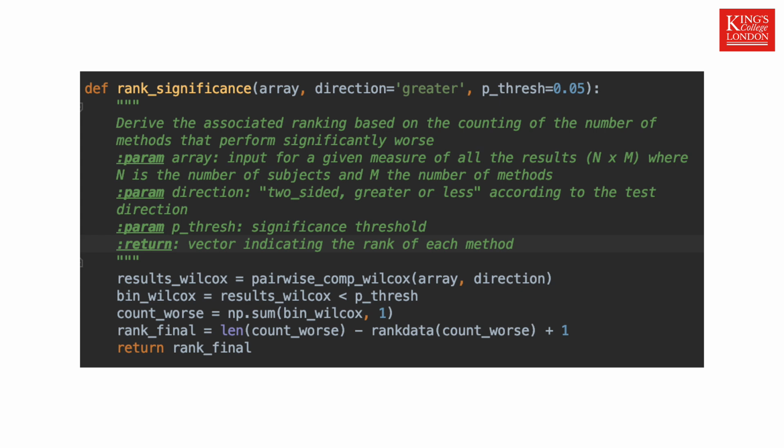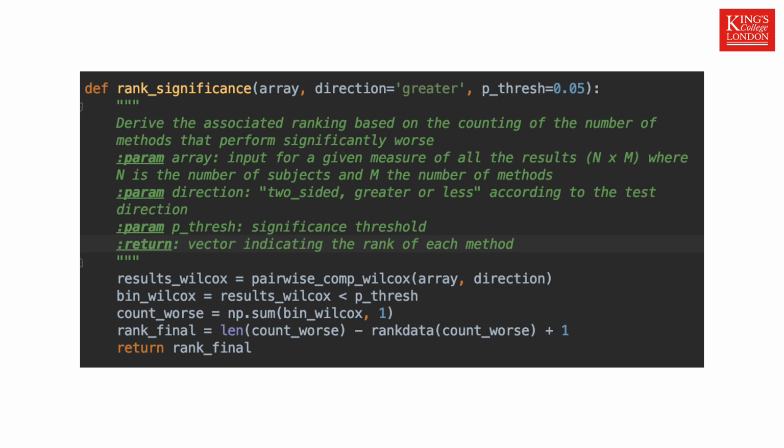So the final rank is basically: I attribute 1 to the one that has the highest count of worse other methods, and that's the final rank that I get for that specific metric.